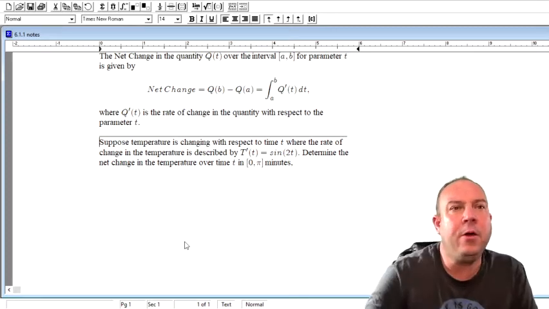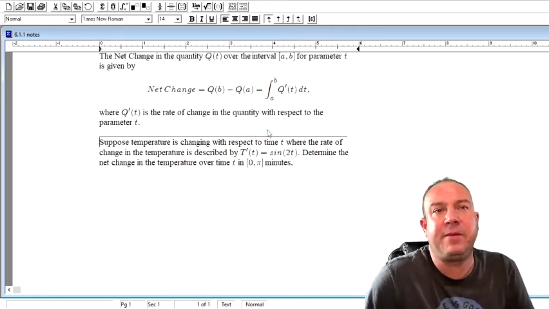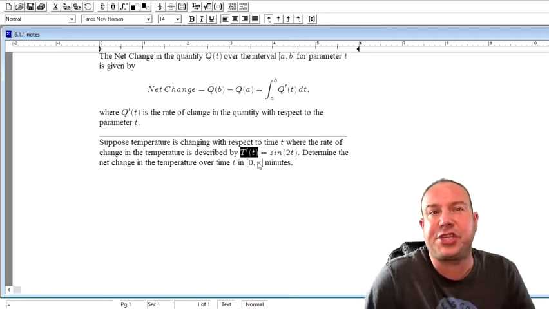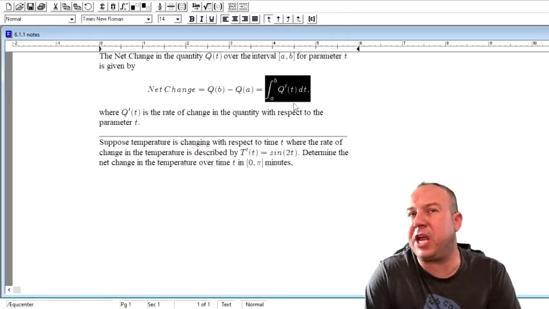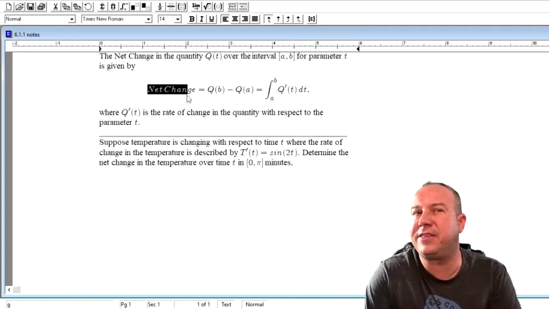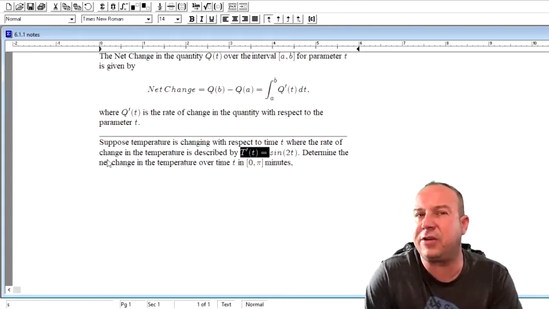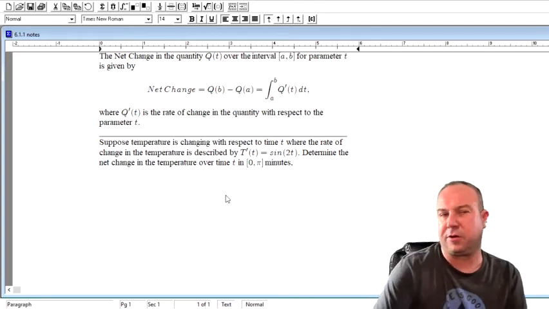We note, given above here, that if we have the rate of change in some quantity with respect to its parameter, we can integrate the rate of change over some interval and calculate the net change in that quantity. So we should be able to integrate the rate of change in our temperature to come up with a calculation for net change in temperature over this interval from 0 to pi.